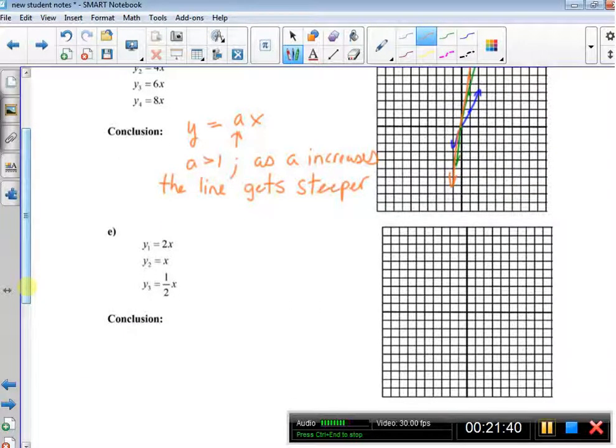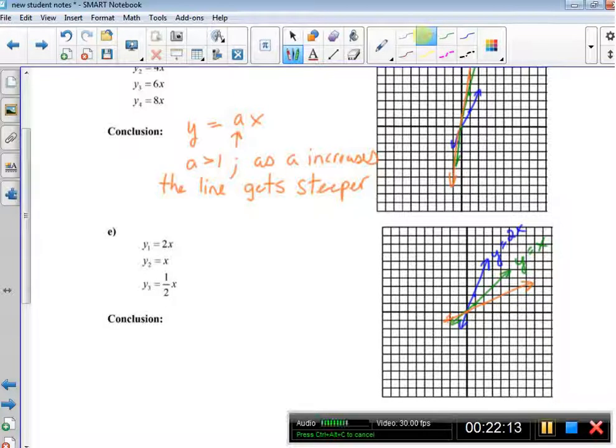And then a is decreasing for the next one, so y equals 2x is up 2 over 1. So there's y equals 2x. And then y equals x is now going the other direction, up 1 over 1, so it's a little less steep. So there's y equals x. And then y equals 1/2 x is going up 1 over 2.